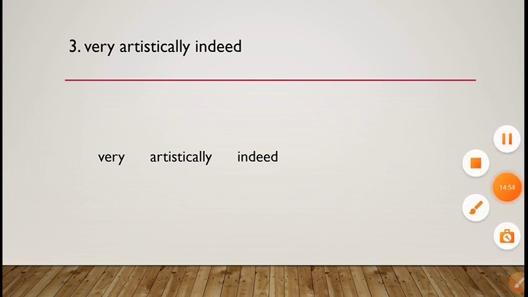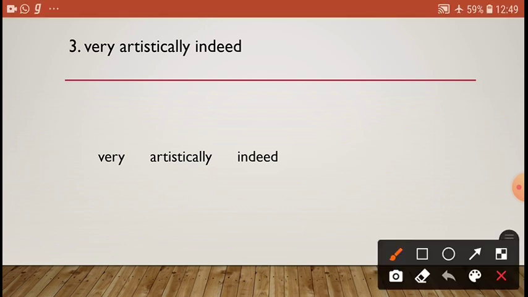Now, let us understand the phrase analysis of the third phrase, very artistically indeed. In this phrase, can you tell me which is the head word? Yes, it is artistically. It is the important word. So, artistically is the head word here.